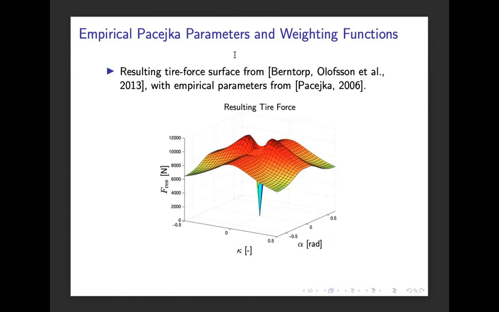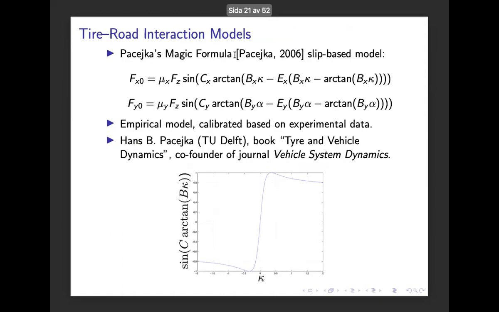So we can see that for different combinations of slip, we get different resulting tire forces from the tire. If we make a cut here along alpha equal to 0, that will correspond to the plot that we saw some slides ago for the longitudinal slip in relation to the resulting tire force. So if we imagine that we make a cut here at alpha equal to 0, that will correspond to this peak here.